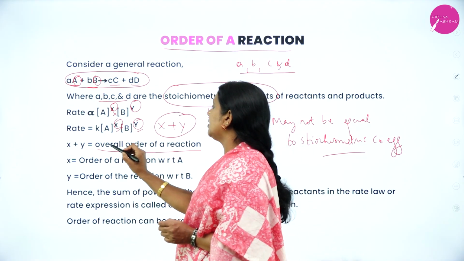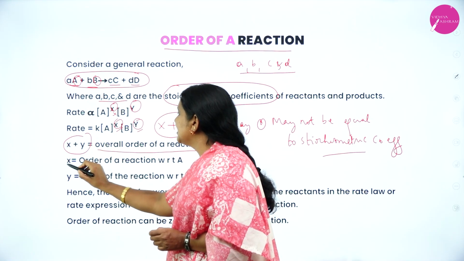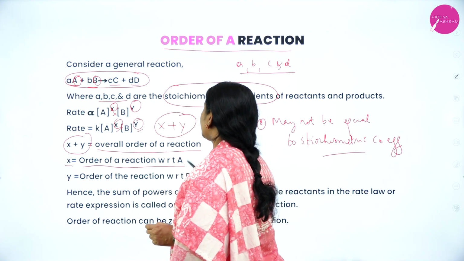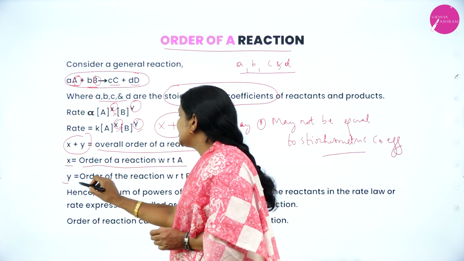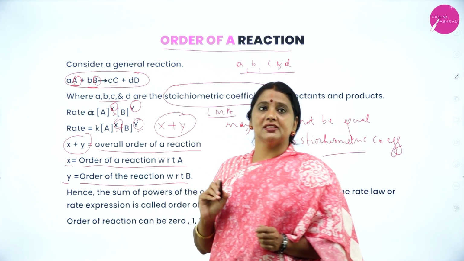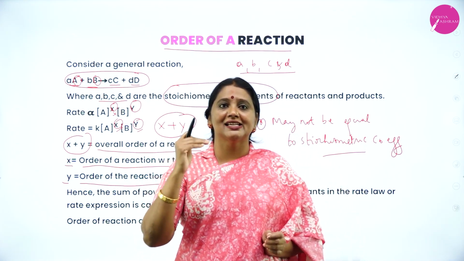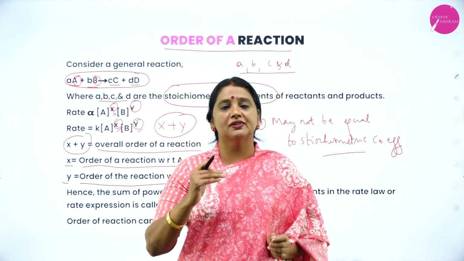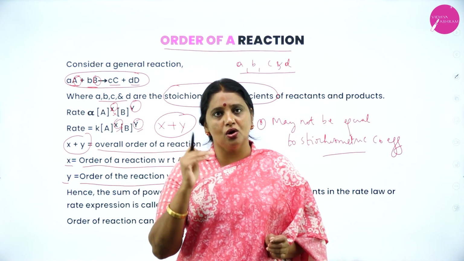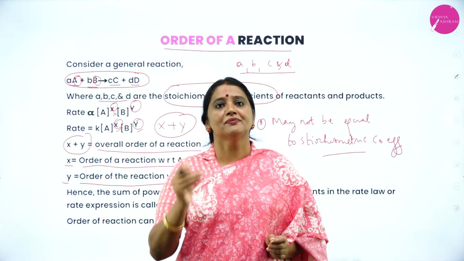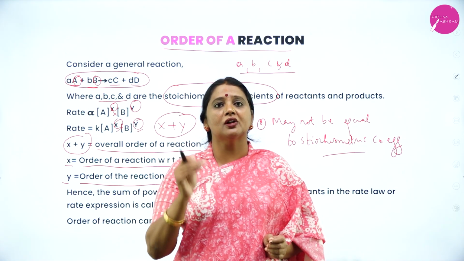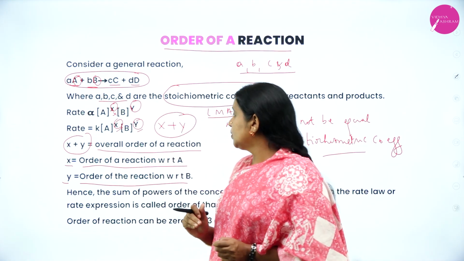What is the overall order of the reaction? x plus y. x is the order of the reaction with respect to A, and y is the order of the reaction with respect to B. x plus y is the overall order.